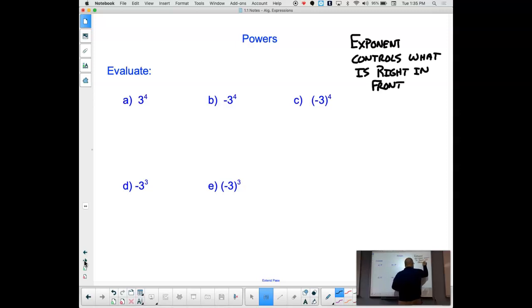The exponent only controls what is right in front of it. Okay? So this exponent of 4 is only controlling what's right in front of it, which is the 3. So then this is 3 times 3 times 3 times 3, which is then 81.